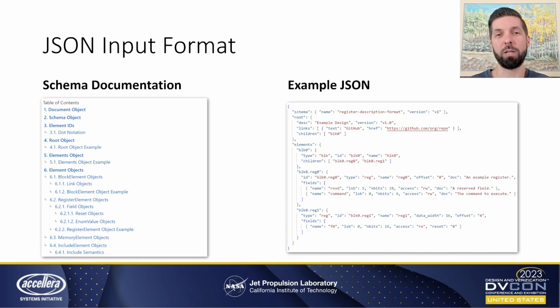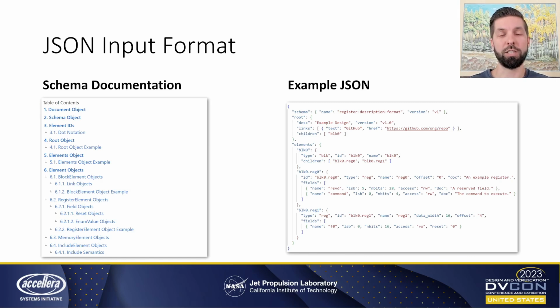And you might ask yourself, why develop a custom file format for Regvue? Why not use an existing standard like IP-XACT or some other register description language? Well, the answer for that is twofold. The first is that Regvue is a web application that runs inside the browser using JavaScript.